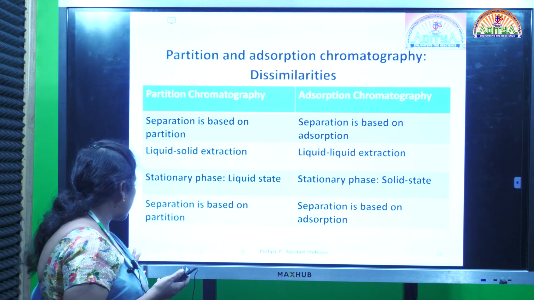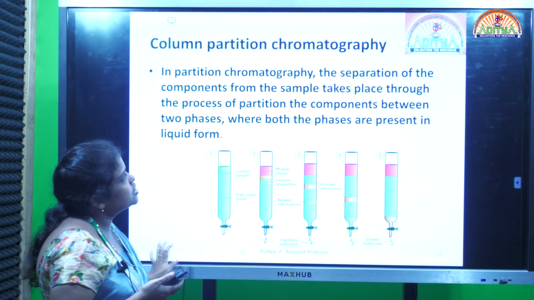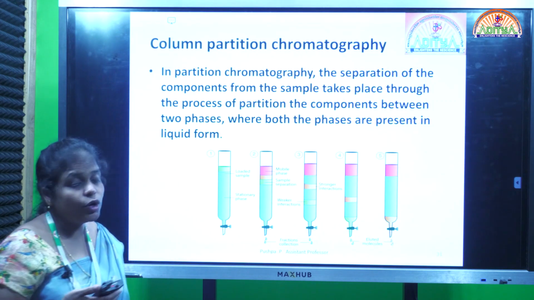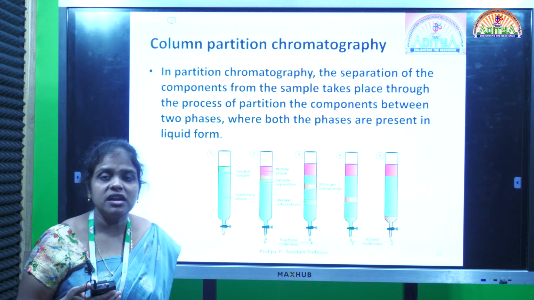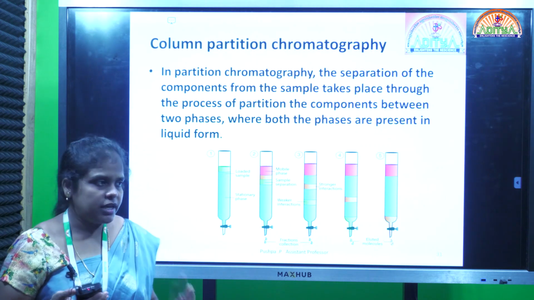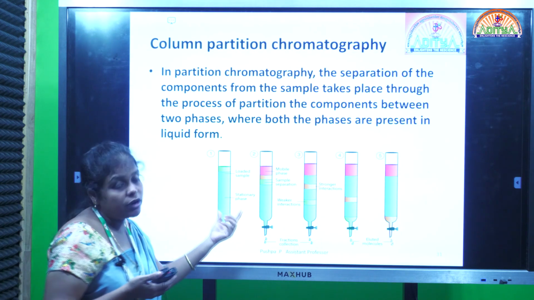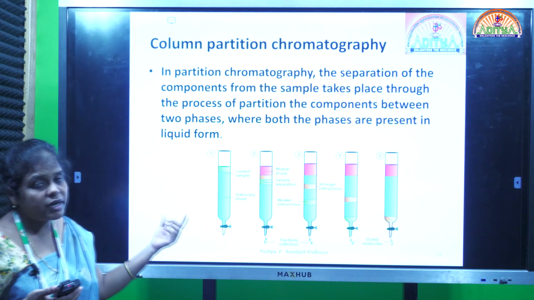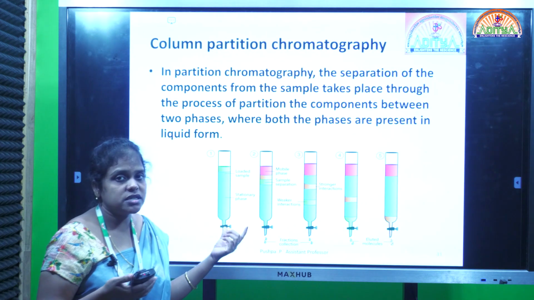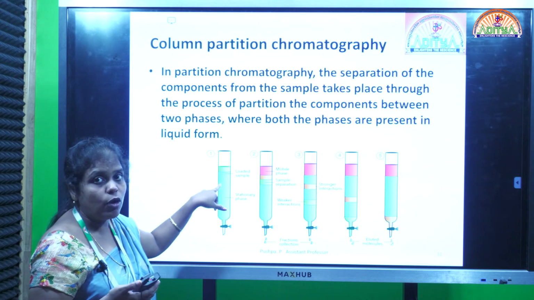Next, coming to the main principle in column partition chromatography, as I already told you, the principle is partition, in which the partition happens based on the solubility. See, in this picture, in column partition chromatography, we take the stationary phase in liquid form, and we load the sample along with the mobile phase.